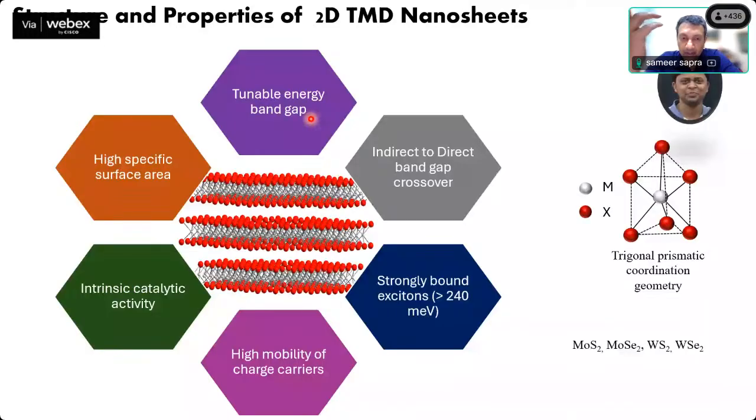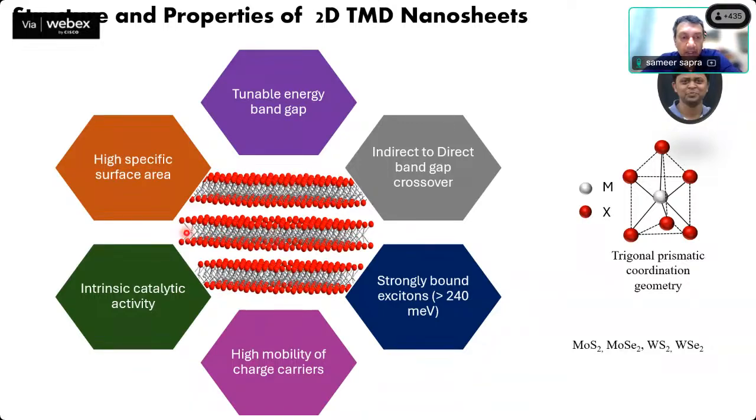The same model you can use, and you can tell that if the length of the box, or in this case, the thickness of this material, changes, so as I keep on exfoliating, making it from multilayers to a single monolayer, I would increase the band gap of the material.